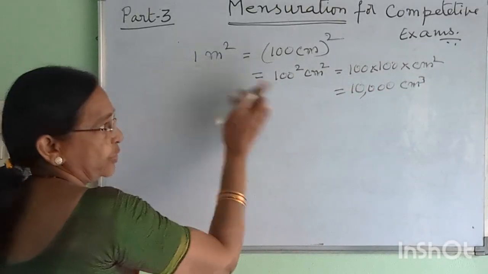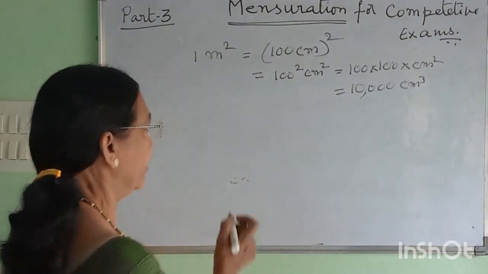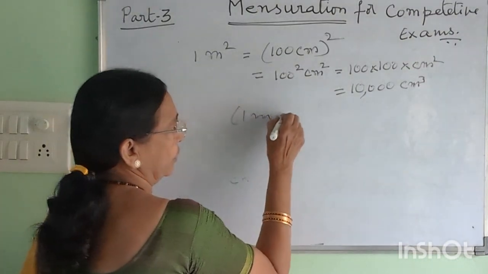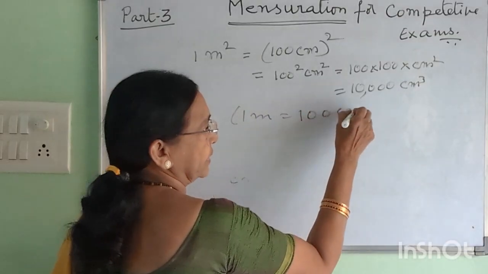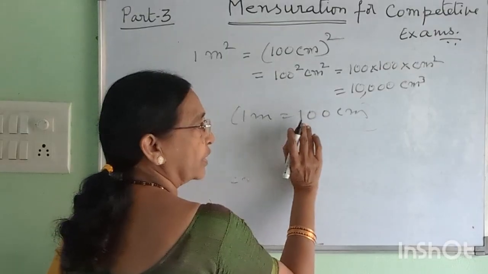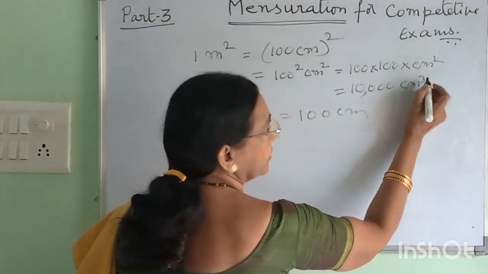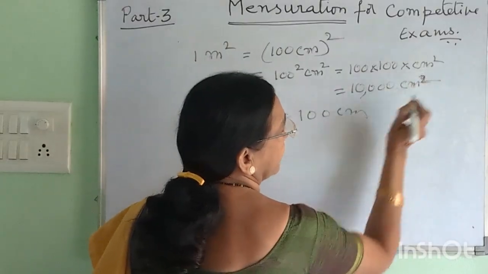So 1 meter square is equal to 10,000 centimeter square. But whereas 1 meter is equal to 100 centimeters, 1 meter square is not equal to 100 centimeter square, but 10,000 centimeter square.